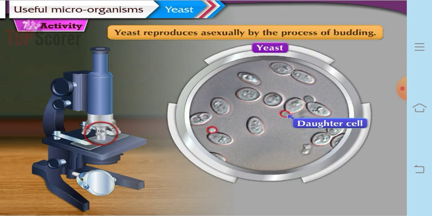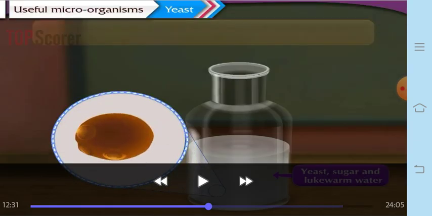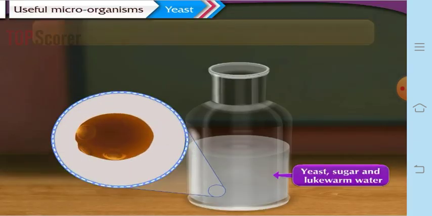Yeast reproduces asexually by the process of budding, so it forms buds in this manner, and then it goes on reproducing. Once the daughter cell becomes the same size as the mother cell, it gets detached from the mother cell and survives as an individual cell later on.